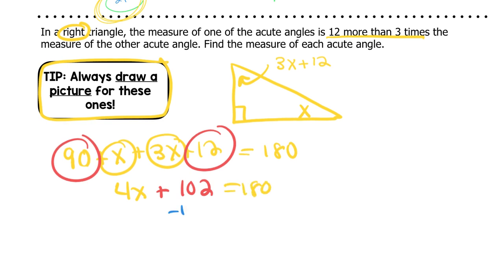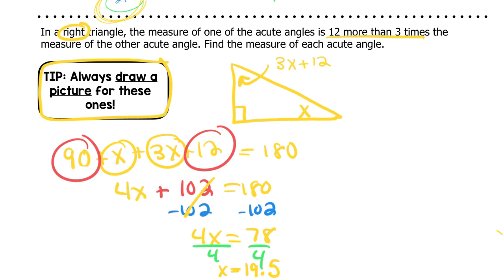We can move our like terms so that way they're on the same side. So now we have only 4x's on the left side, and then 180 take away 102 would leave us with 78. And then to get x alone, when it's 4 times x, you divide by 4. And that gives us x equals 19.5.